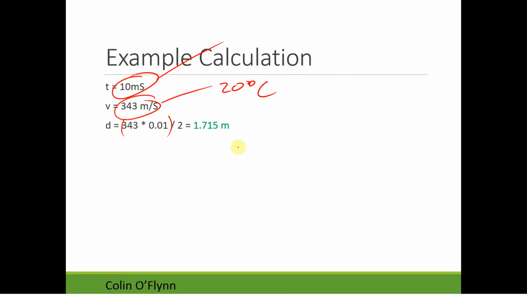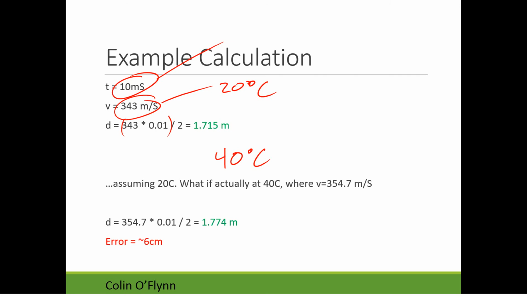Now let's say we go up to 40 degrees Celsius, so not a massive increase in temperature, slightly hotter than 20 degrees C. The speed of sound here goes up to about 354.7 meters per second.